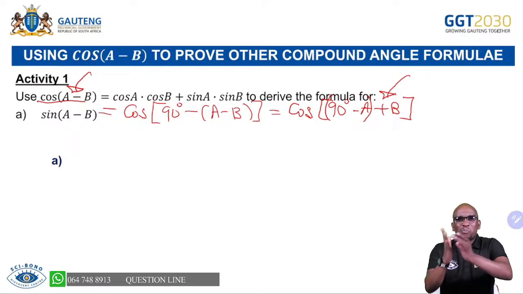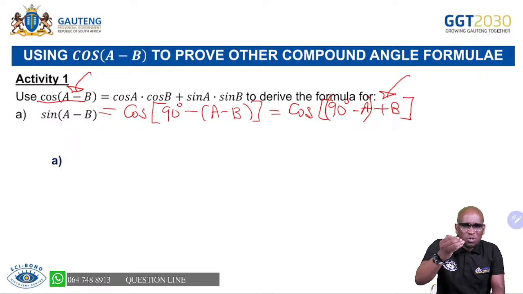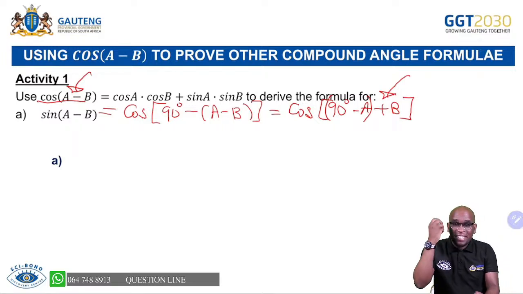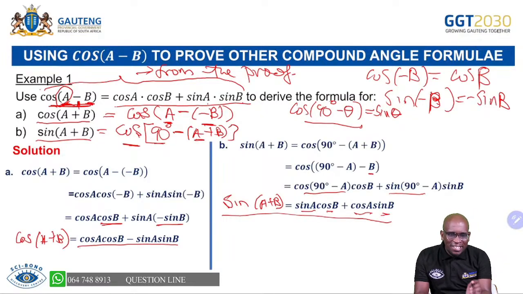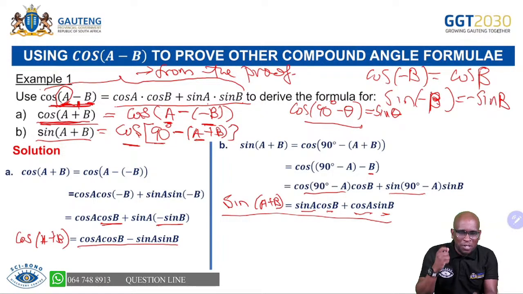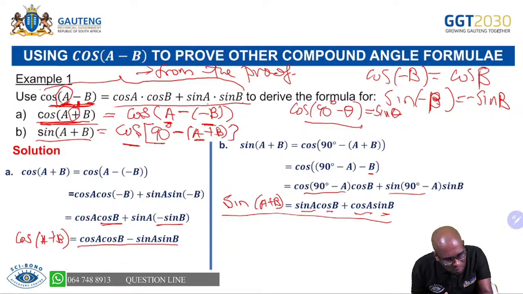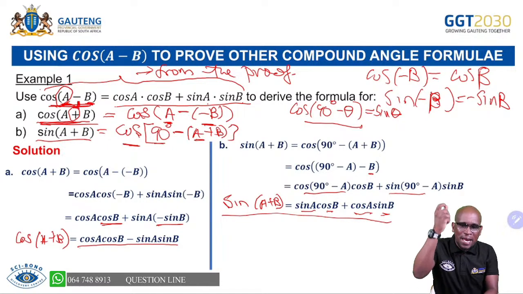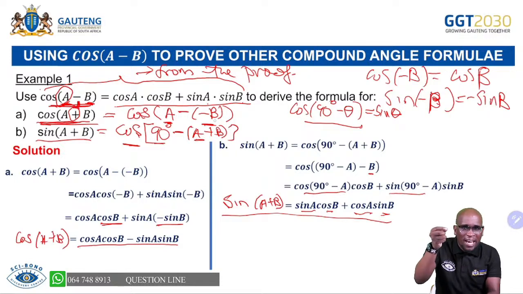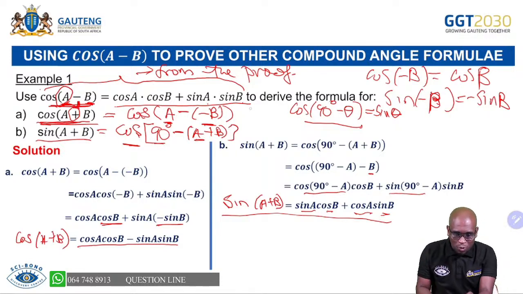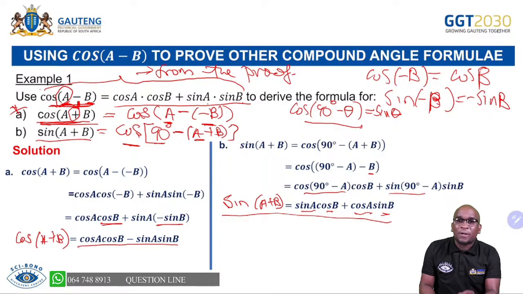We need to go back to the first one. Remember the skill set. Let me just go one slide back. The skill set for the first one here, for the cosine of A plus B, was to change this plus to what? To a minus by introducing what we call now the negative angle. That was the skill set that was tested on the first one.